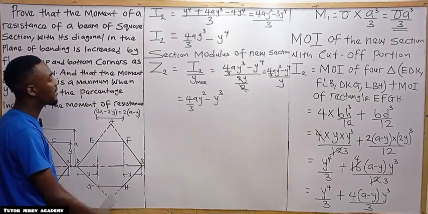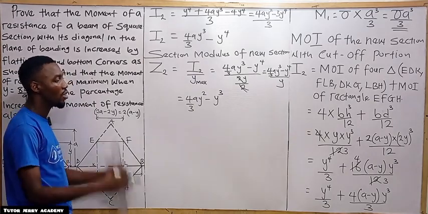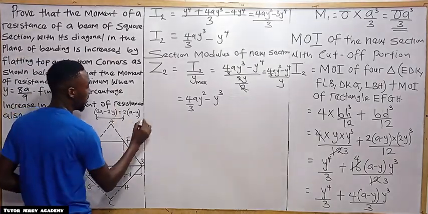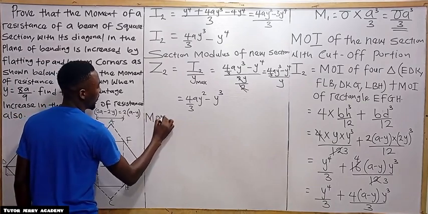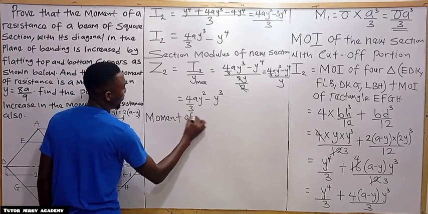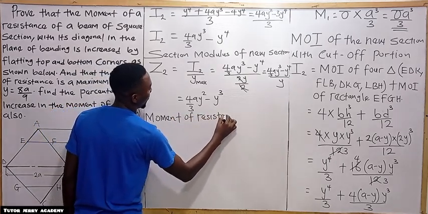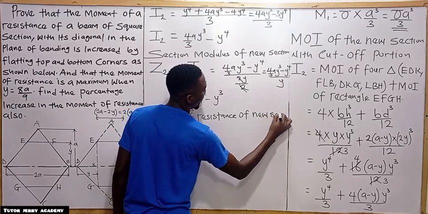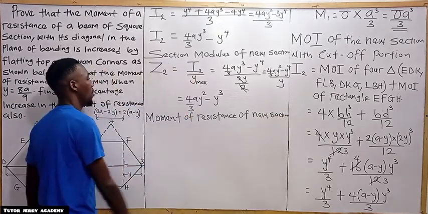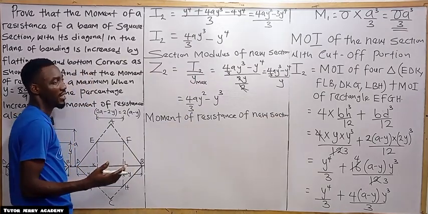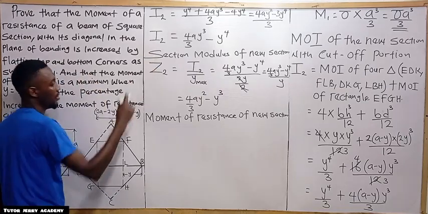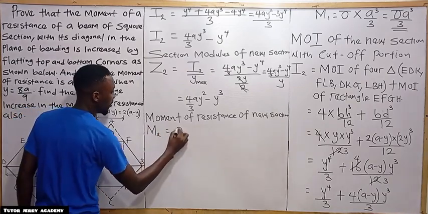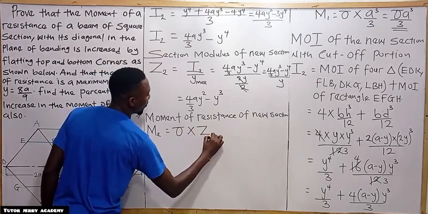All right. So the next thing we are going to calculate is the moment of resistance of the new section. Since we used M1 for the first one, this is going to be M2, and this is equal to stress multiplied by our section modulus, which is Z2.